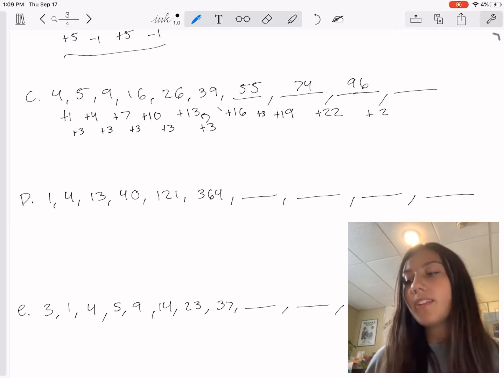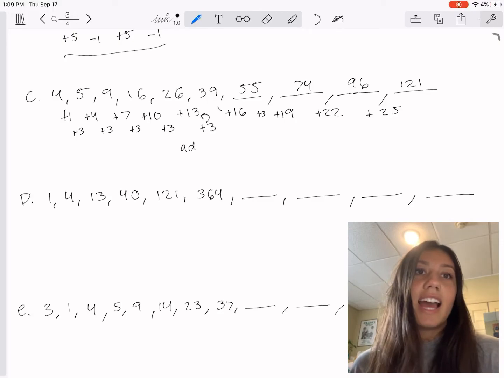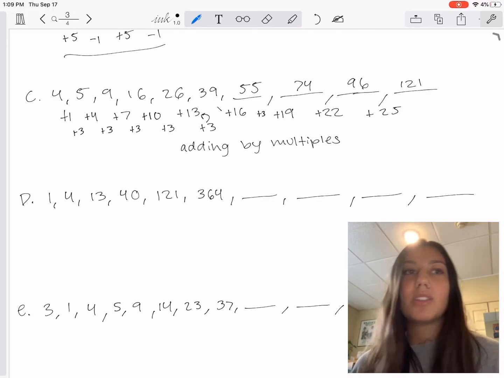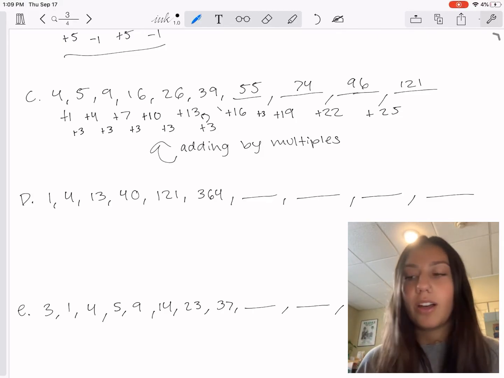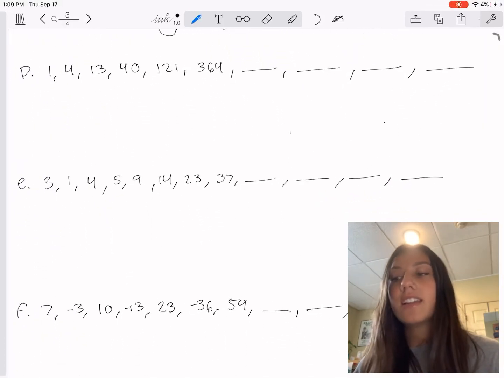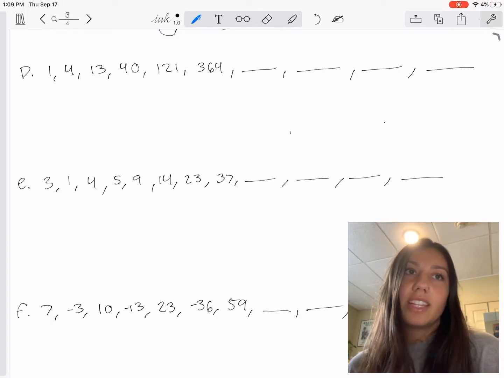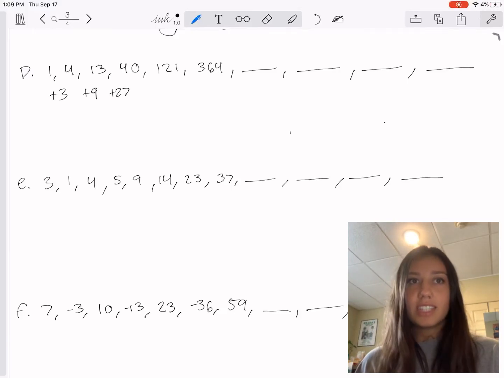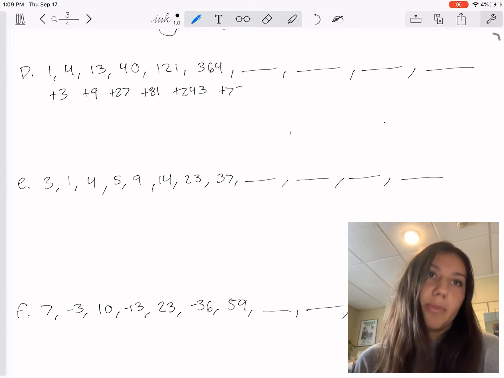And then for letter D, it was kind of doing the same thing, except instead of adding by 3 to the original adding numbers, it was multiplying them. So I wrote out the differences for the next one as well, and 1 plus 3 is 4, 4 plus 9 is 13, 13 plus 27 is 40. Obviously with the numbers I'm writing right now, you can tell that they're multiplying by 3.